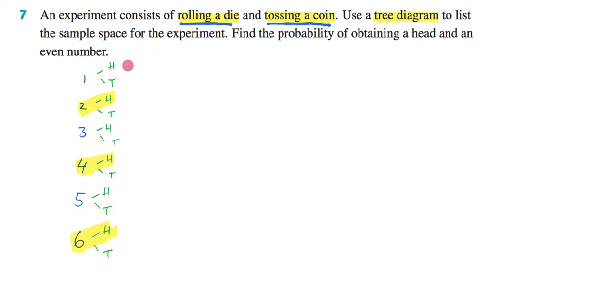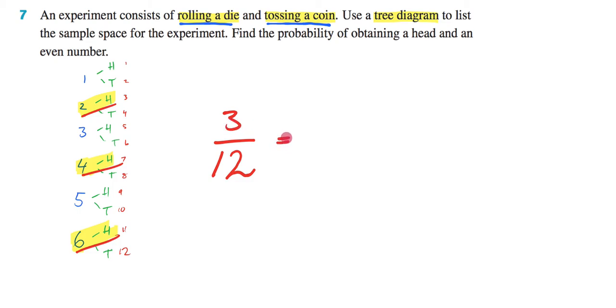So here you can see I have 1, 2, 3, 4, 5, 6, 7, 8, 9, 10, 11, 12. There are 12 possible outcomes, and we have figured out that we have 3 which satisfy what we're after. So it's going to be 3 on 12, which is the same as 1 on 4.